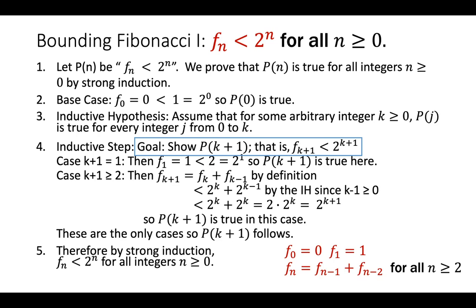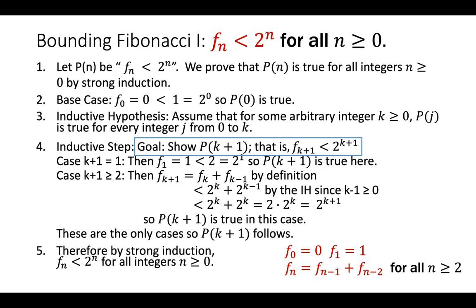The first one, F1 is 1, and that is less than 2. It is simple, that is true. If k+1 is greater than or equal to 2, F(k+1) is F(k) plus F(k-1) by definition.